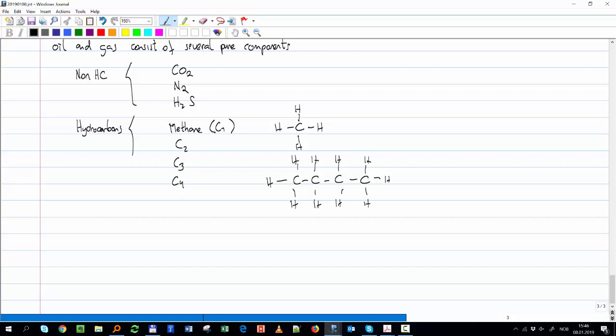But also you have what are called isomers start to come out, where each atom can be arranged in a different manner, but still having the same chemical formula. The chemical formula here is C4H10, if you remember. You don't have to count.